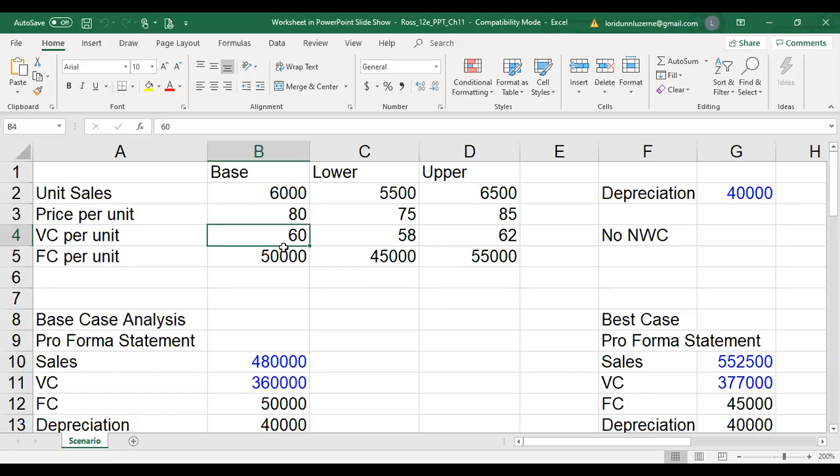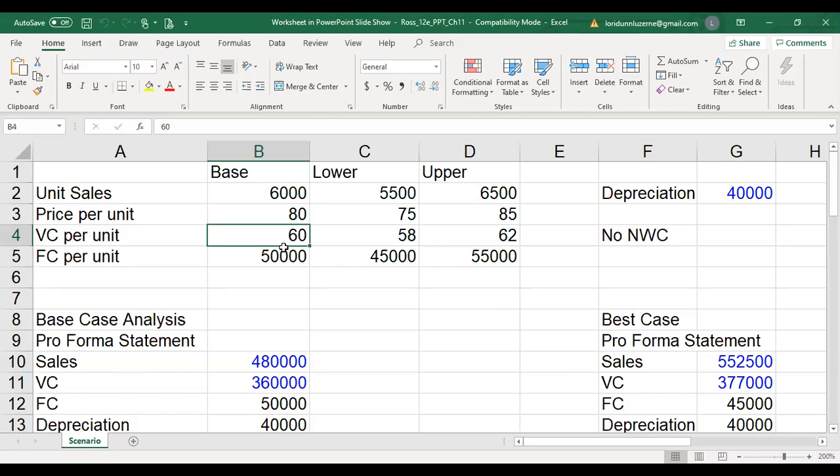Or the fewer units that were sold, the less cost. So this part of the cost of the product fluctuates or is variable, changes as the unit sales change. So for one more unit, there's $60 of cost.